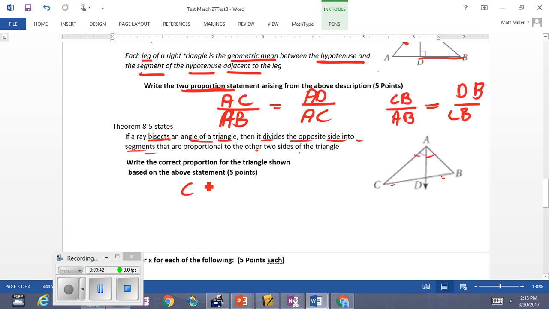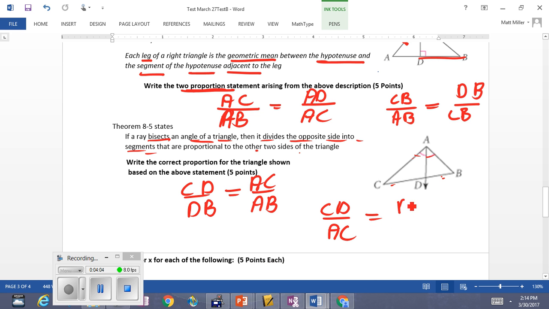We could say CD is to DB as AC is to AB, or we could say, left side, right side, CD is to AC as DB is to AB, okay? The thing we know with a proportion is that whenever we cross multiply it, we get the same thing. Then we know we got the right proportion.